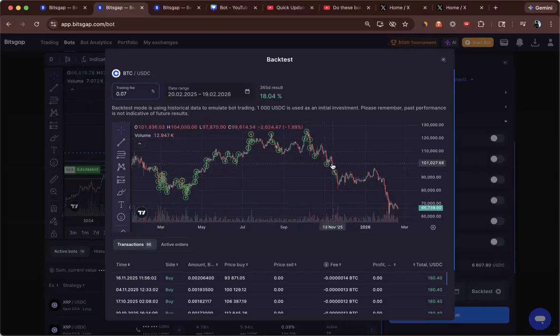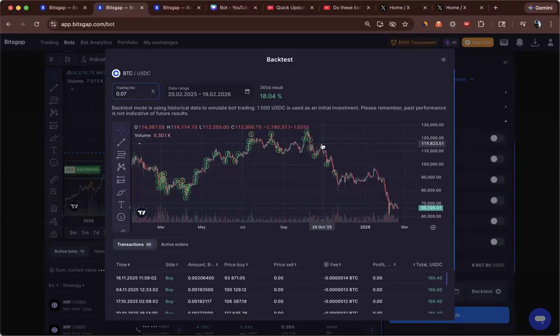So say you were starting out with this and you got the basic plan that only allows you to set up 10 bots. And rather than setting them all up at once, it might be a good idea to stagger when you are setting them up so that when you get to this point, because you're going to have times like this where the market goes down faster than the bots can take profit.